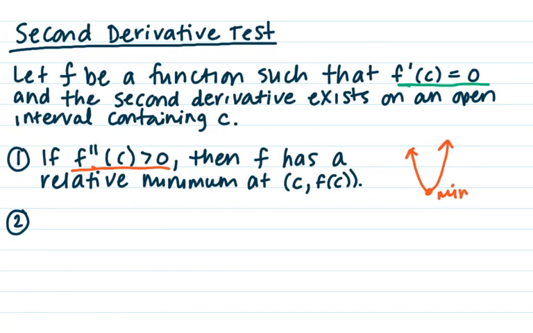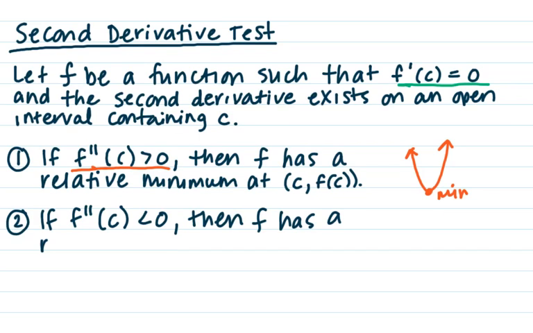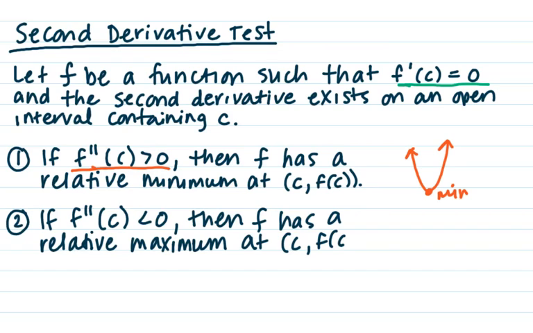Okay, similarly, if the second derivative at that critical point is negative, then the function has a relative maximum at that point, right? Because if the second derivative is negative, that means that our function has a concave down graph, and thus any slope of 0 would be occurring at a relative max.